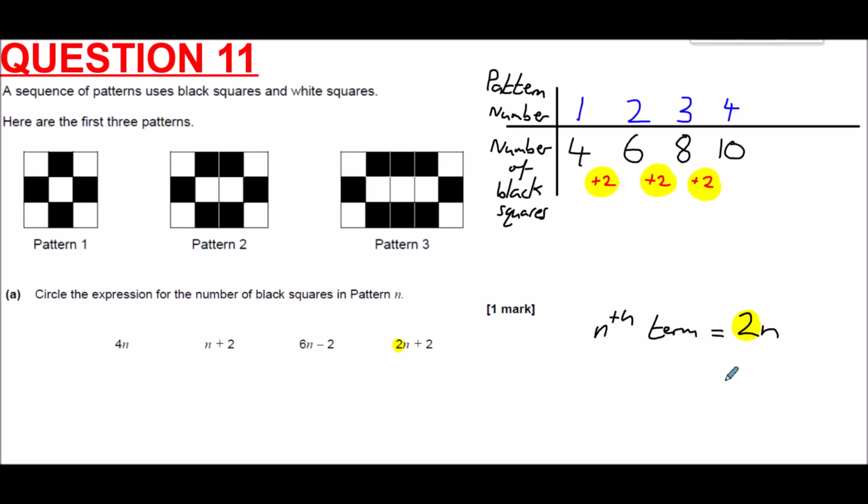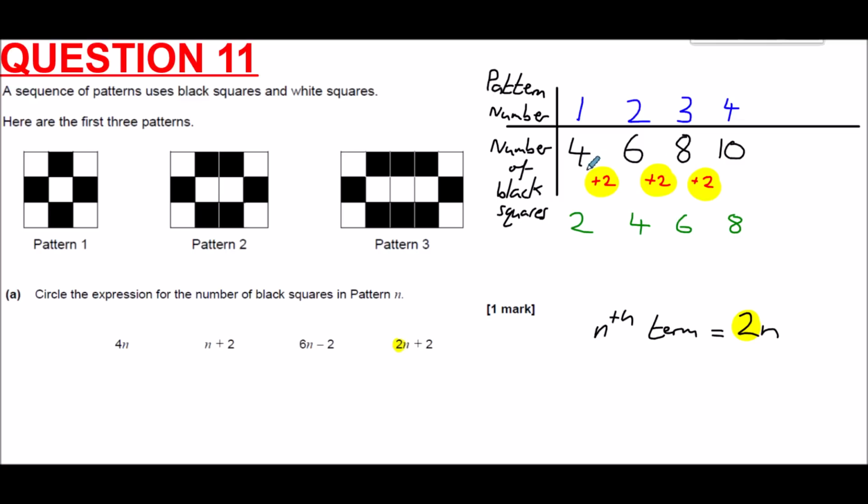After you realise it's gone up in 2s, what you need to do is compare the sequence you've got to the main sequence you were taught from primary school, which goes up in 2s. So what sequence have you been taught for ages that goes up in 2s? Answer is the 2 times table. So if you compare this to the 2 times table, which is 2, 4, 6, and 8, compare the 2 times table to what the sequence actually is.